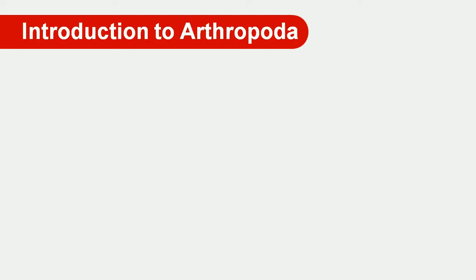Again, the first part of today's session is the introduction to Arthropoda. The very first thing: arthropod animals are the largest animal group found in the animal kingdom, and they are the most successful phylum in the animal kingdom, a highly evolved group.